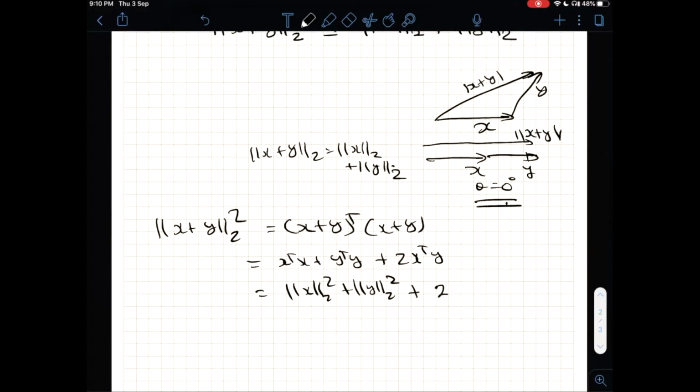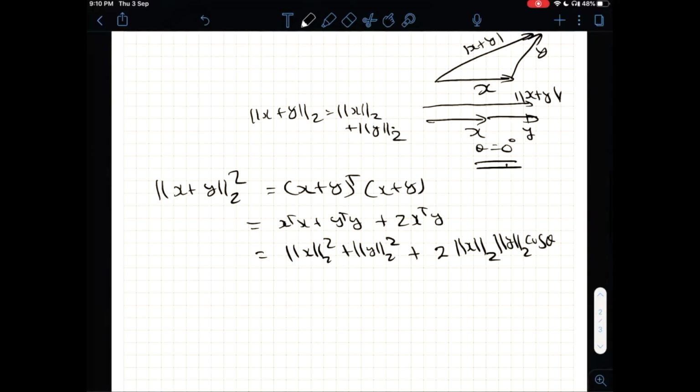And for 2 x transpose y, I am going to use the angle identity or the Cauchy-Schwarz identity which I derived earlier and write it as 2 times length of x into length of y into cos of theta.